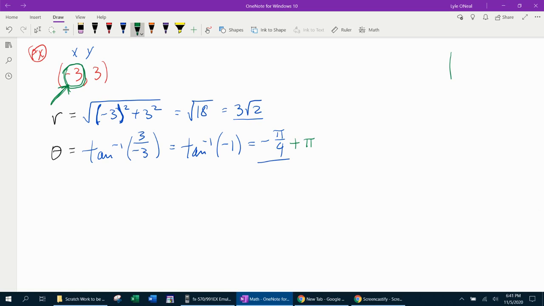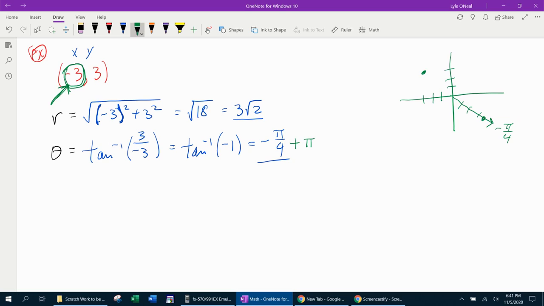Let me illustrate why that is. Remember I said that the points have to plot in the same spot. So if we plot our rectangular coordinate, -3 and 3 is going to plot in quadrant 2. But if I plot the polar coordinate, if I leave it negative pi over 4, negative pi over 4 is in quadrant 4, where the radius is positive, and so that would say go in that direction, whatever 3 square root of 2 is.